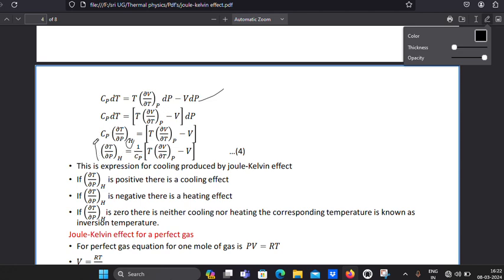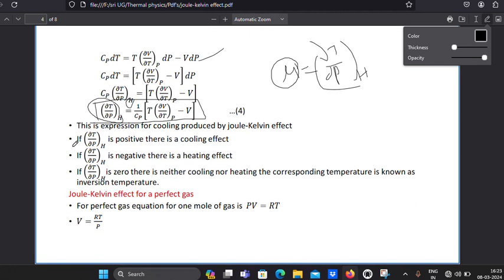So this is called the Joule-Thomson or Joule-Kelvin effect equation. And this ∂T/∂P at constant H is called the coefficient of the Joule-Kelvin effect, and sometimes it is denoted by mu also, but I didn't explain mu here.